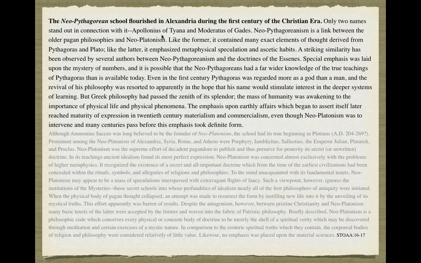Actually, it was destroyed successively, went into disrepair, but it was finally destroyed in the third century AD. So did the Neo-Pythagoreans have access to works possibly from the time of Pythagoras himself, stored in that library? We don't know. But I find it interesting that they were based in Alexandria and that the library was there.